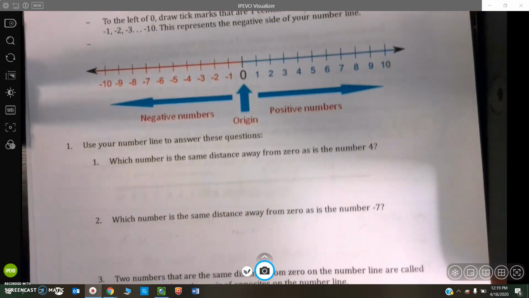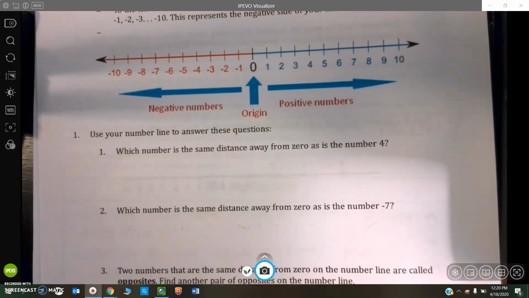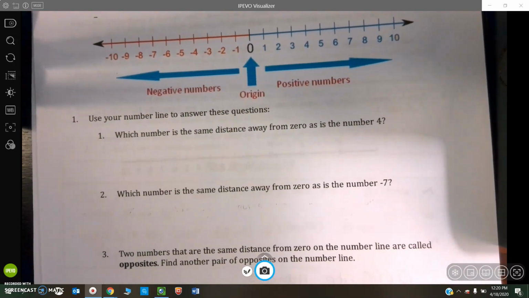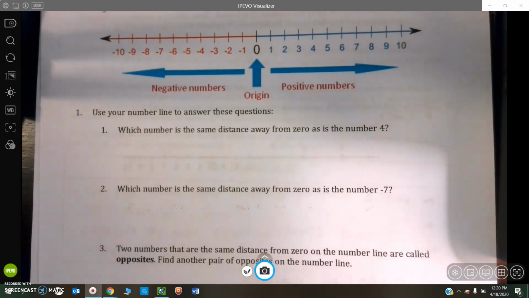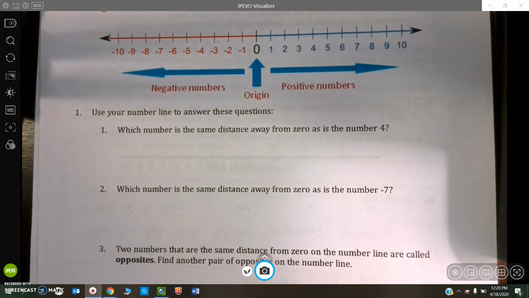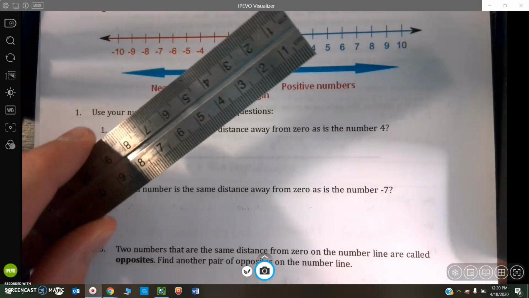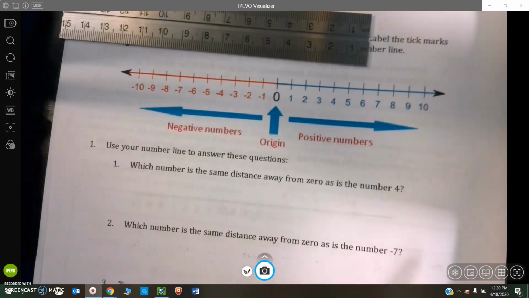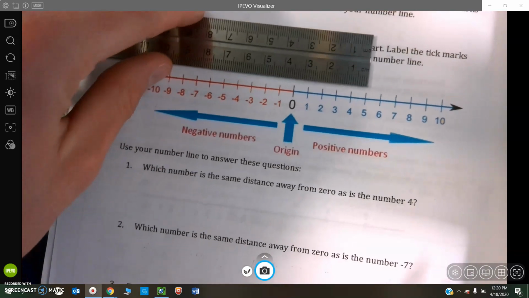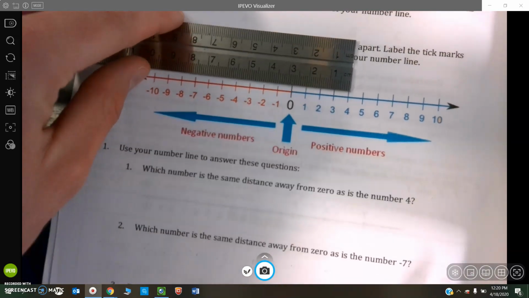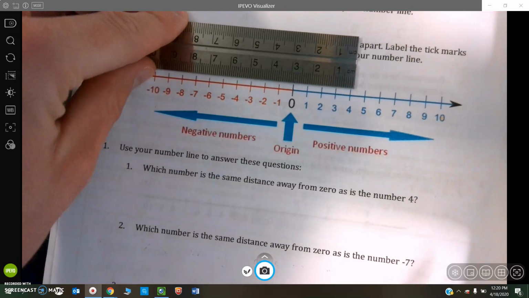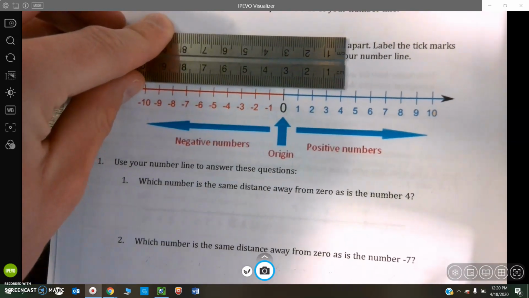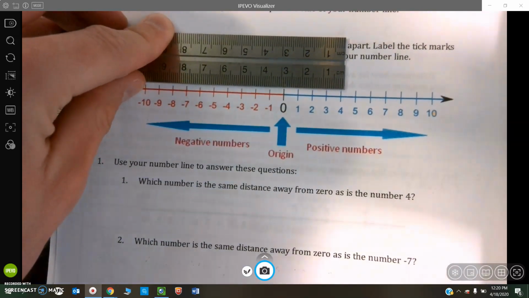Use your number line to answer these questions. Which number is the same distance away from 0 as is the number 4? If I wanted to be exact, I could pull out a measuring tool, and I can tell that 4 is about 3 centimeters away from 0.